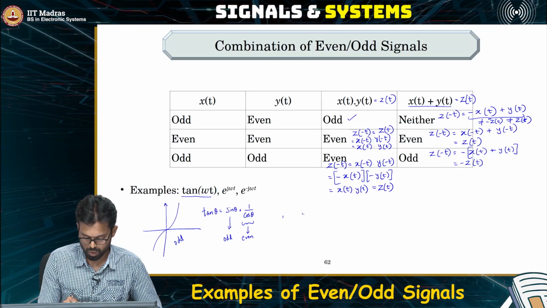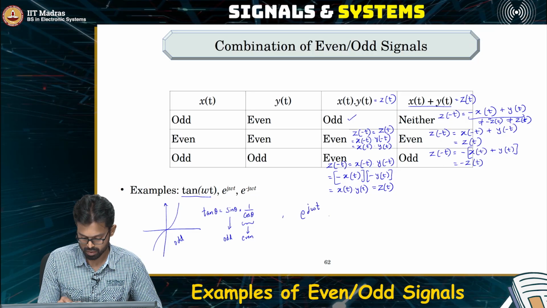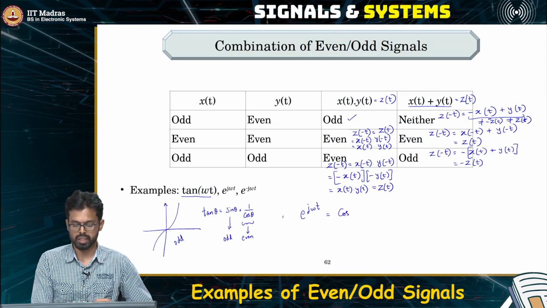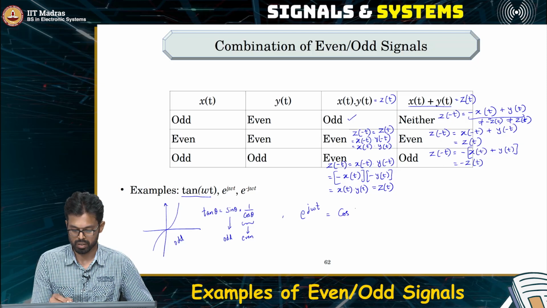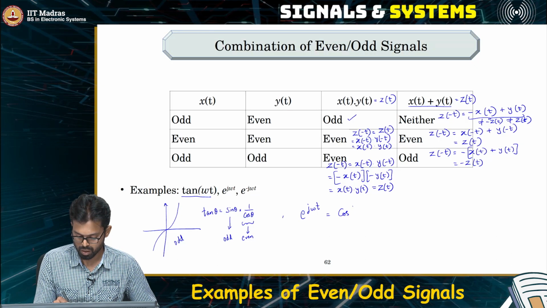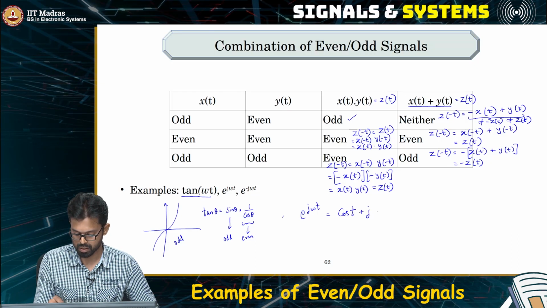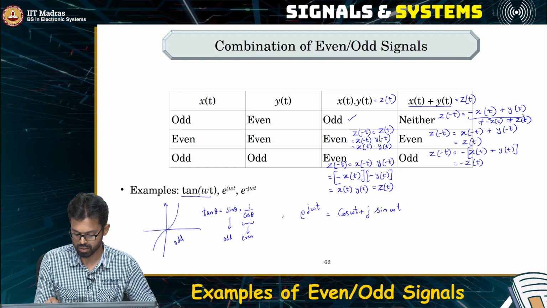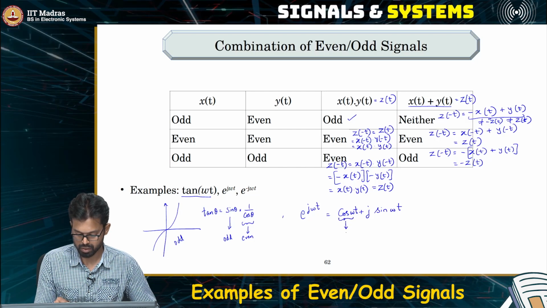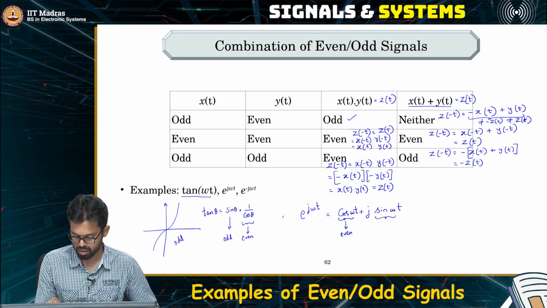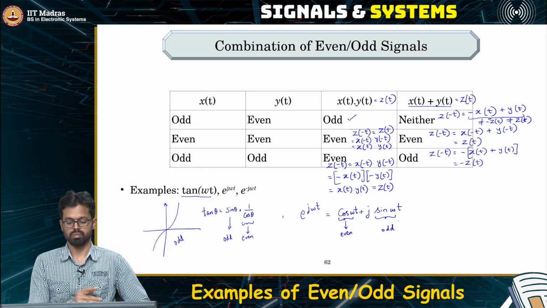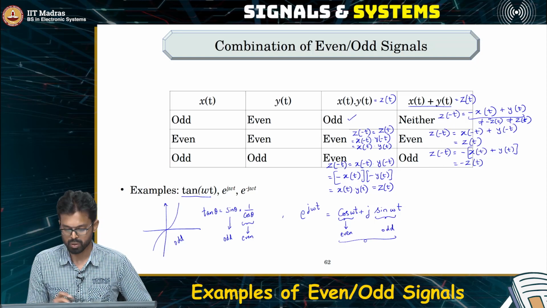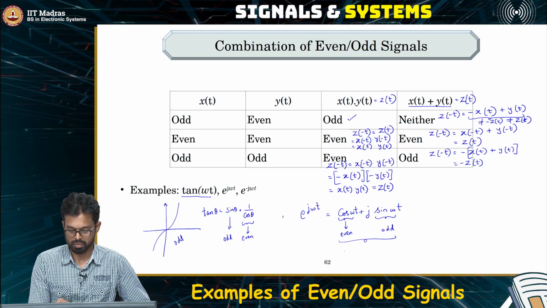Okay. Now what about e power j omega t? Is this even or odd? So this is basically nothing but the sum of two signals, and those two signals are cos omega t plus j sine omega t. So this is even and this is odd, okay, which makes this entire signal neither even nor odd.